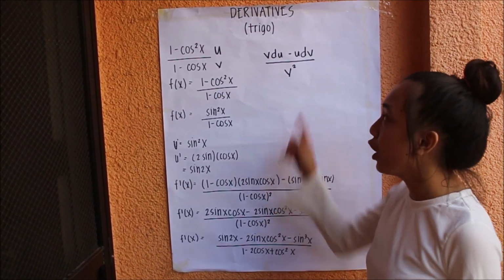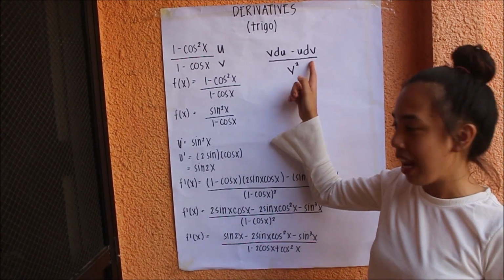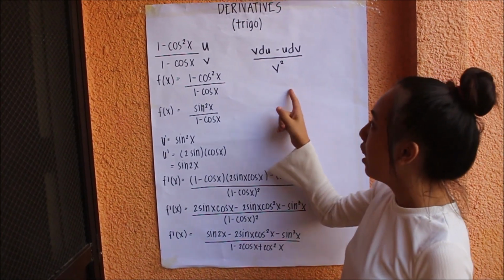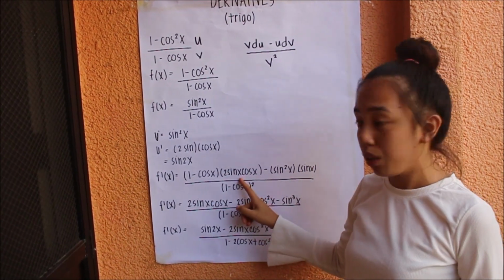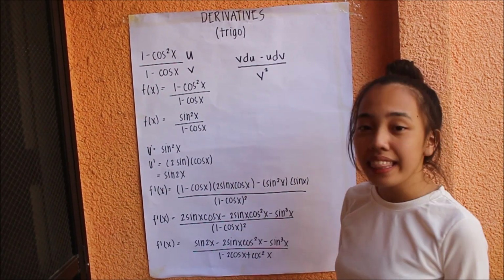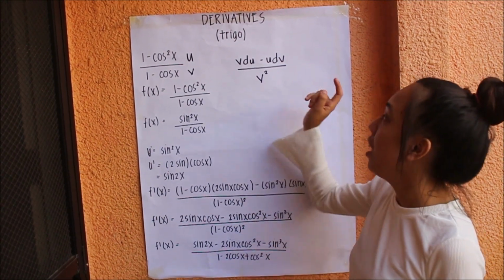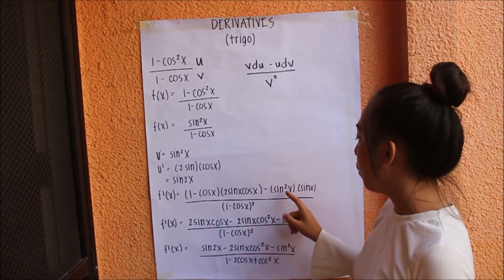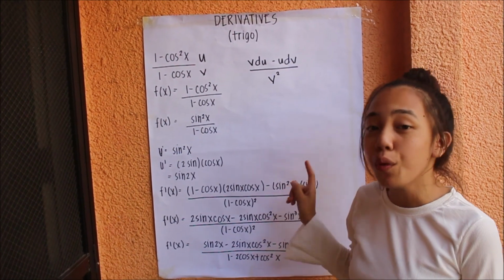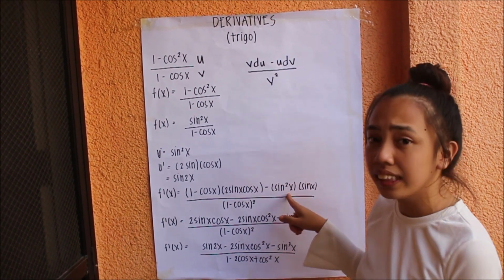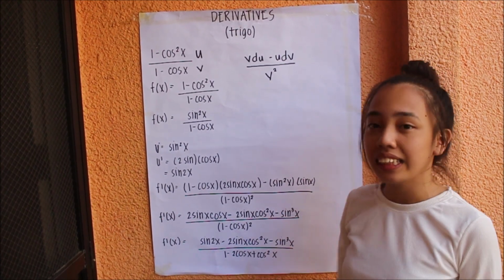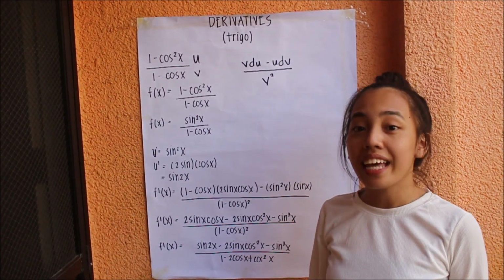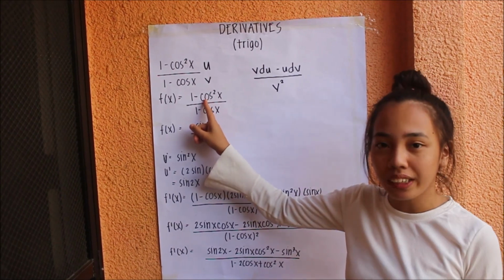After that, we are going to follow this formula. So we have v, 1 minus cosine x, and the derivative of u. And then minus the u, which is sine squared x. And if you wonder why this is sine squared x, it is because sine squared x is the trigonometric identity of 1 minus cosine squared x.